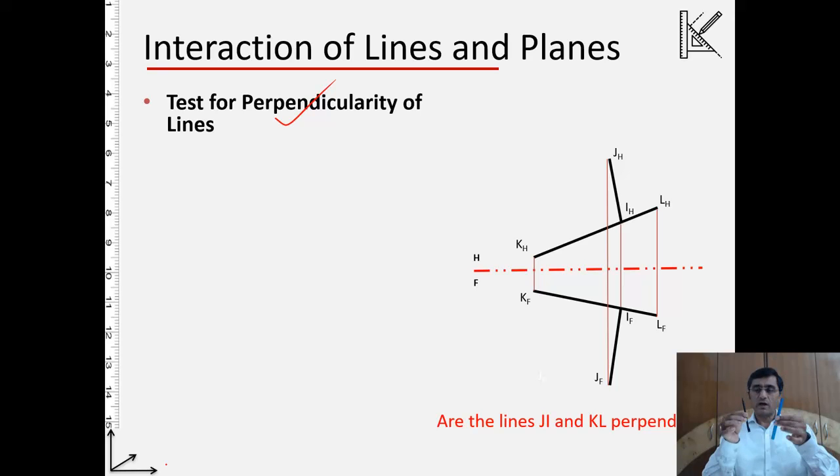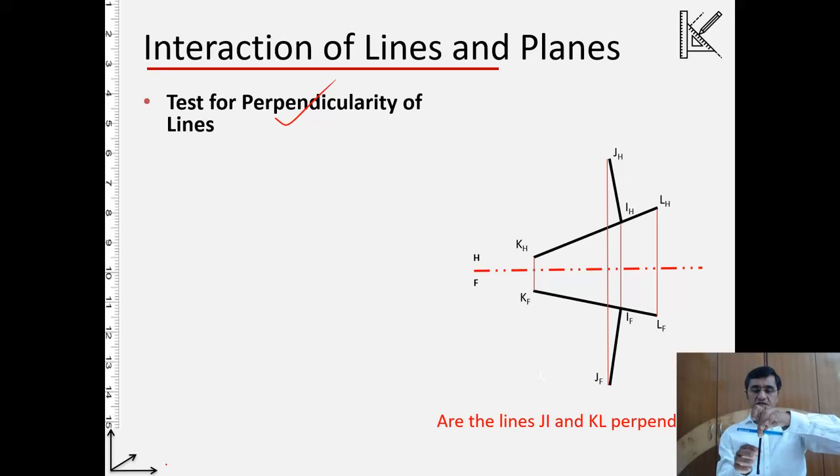If I've got two lines KL and JI, in this case they are not perpendicular. So if I make these two lines perpendicular, let's say this is how the lines are perpendicular right now, so this angle is 90 degrees. If this line as well as this line are both parallel to the frontal plane, I will see the true length of this line and the true length of this line in the projection onto the frontal plane.